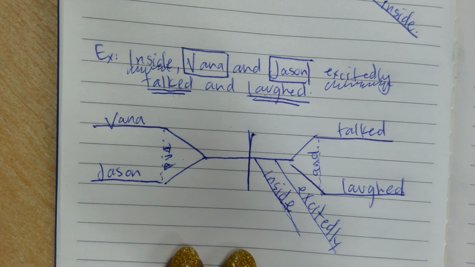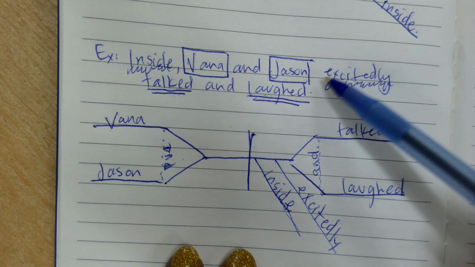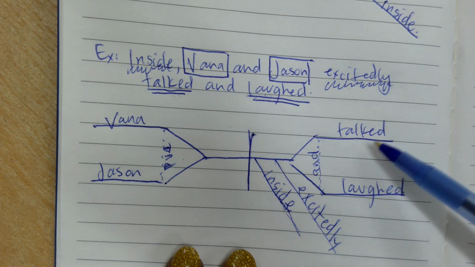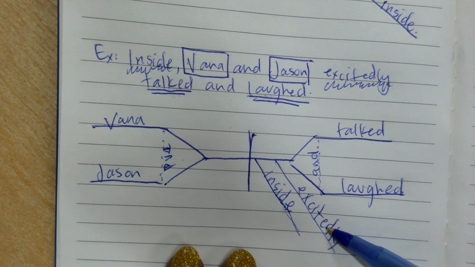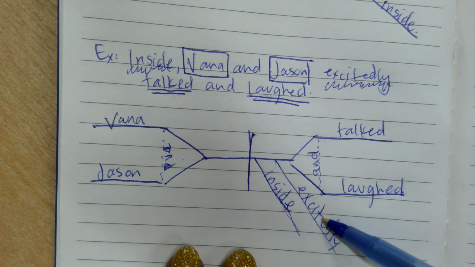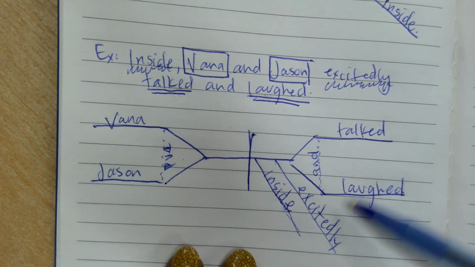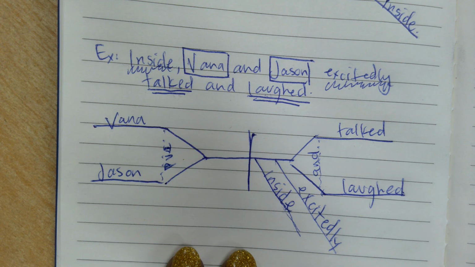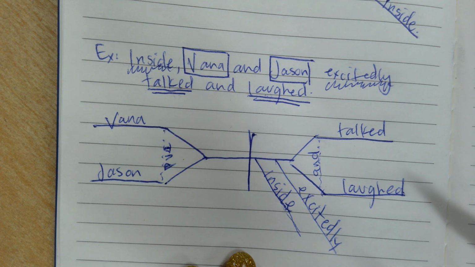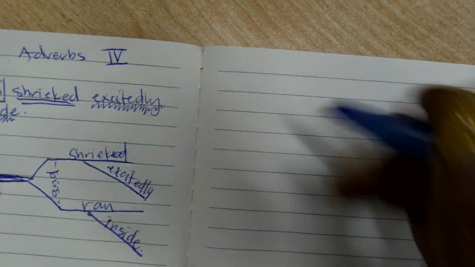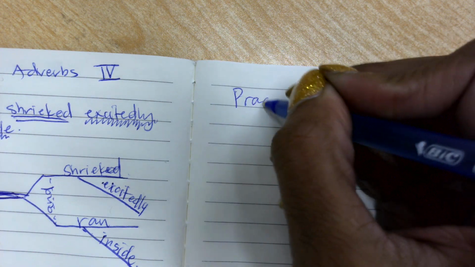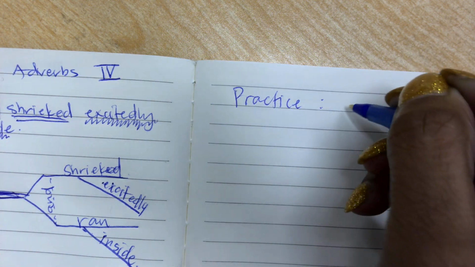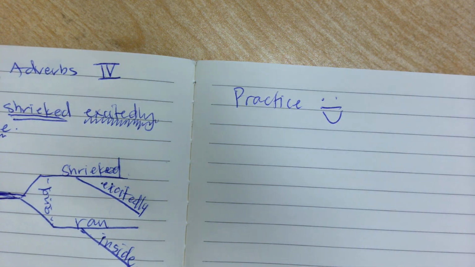Now this shows us that inside they talked and they laughed. And how did they laugh? They laughed excitedly and they talked excitedly. Okay, now it's time to practice. Good luck.